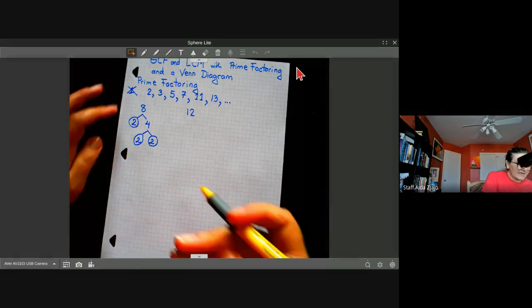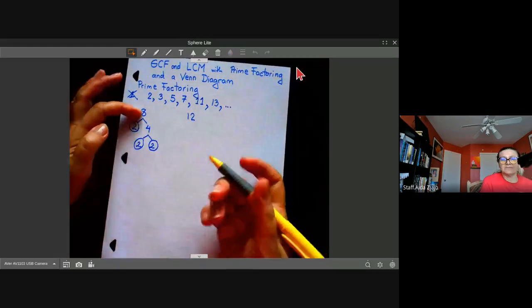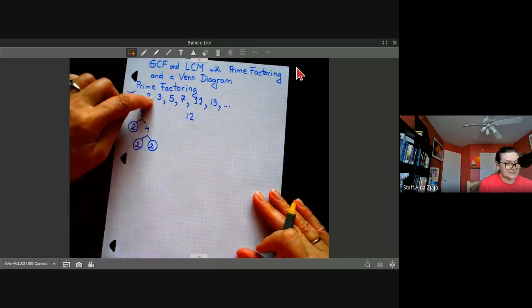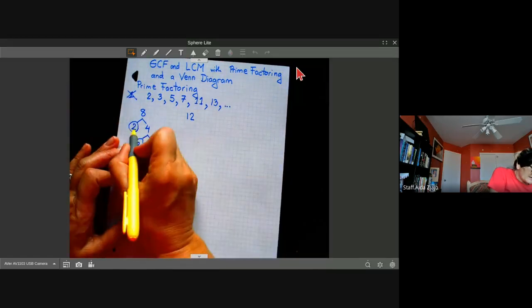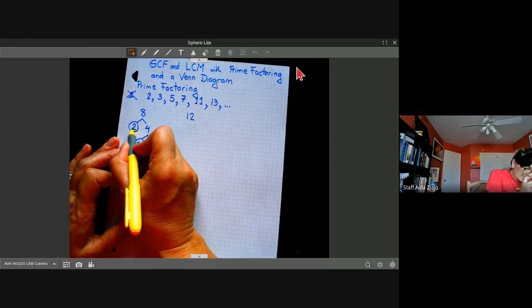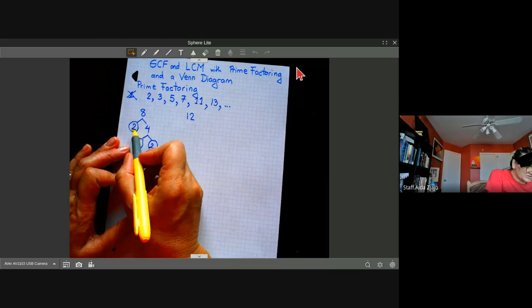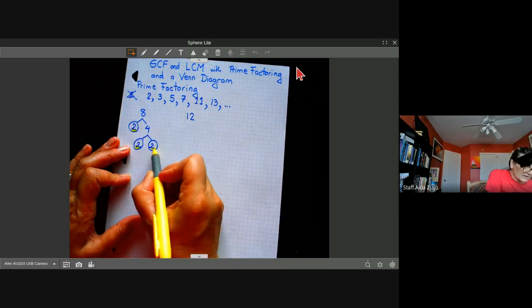Every number can be decomposed into prime numbers. So 8 is 2 and 2 and 2, and you can check.